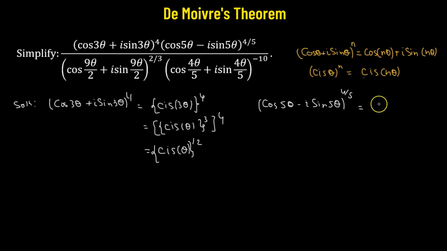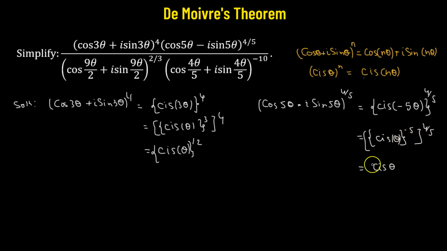So this will be equivalent to cis of, here we have negative iota times sine 5 theta, so this will become negative 5 theta, whole raised to the power of 4 over 5, which is equivalent to cis of theta raised to negative 5, whole raised to the power of 4 over 5. When we multiply negative 5 with 4 over 5, we get cis of theta whole raised to the power of negative 4.